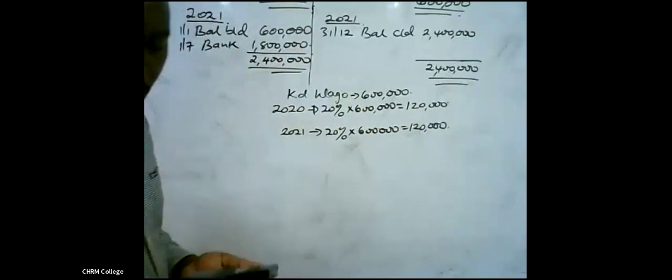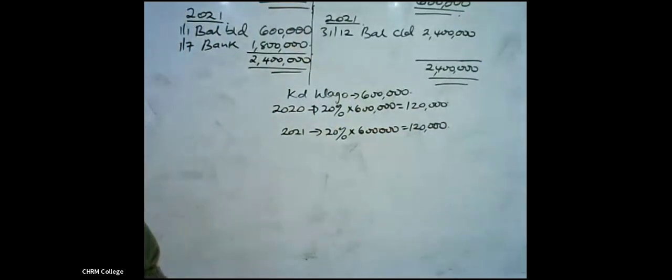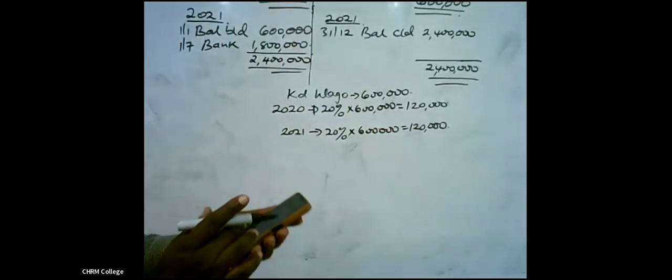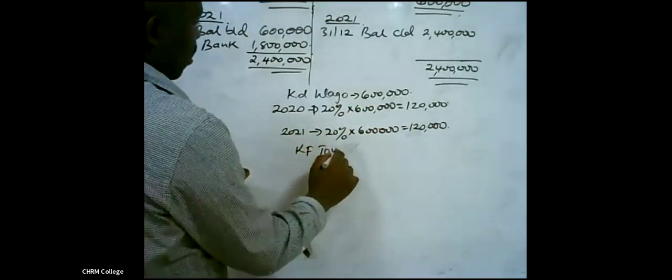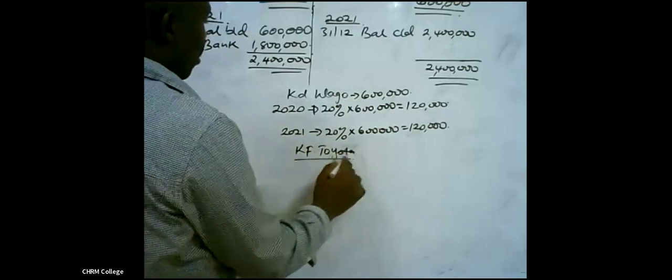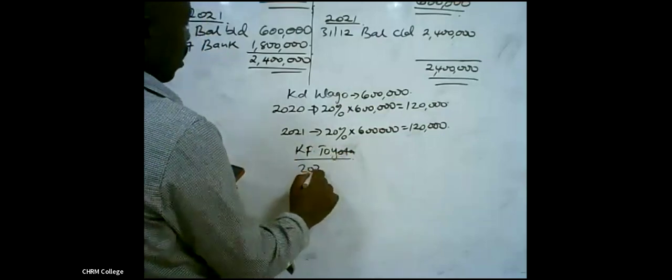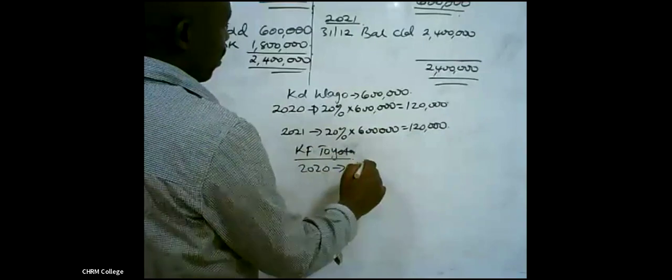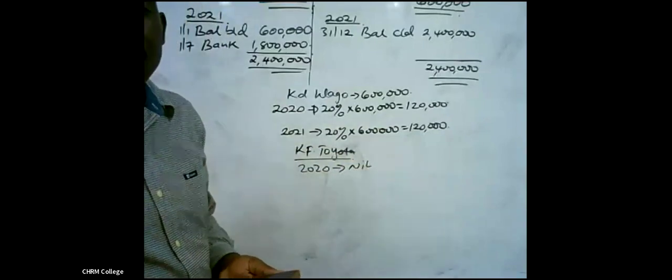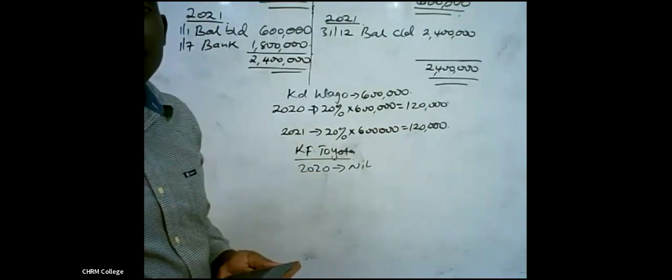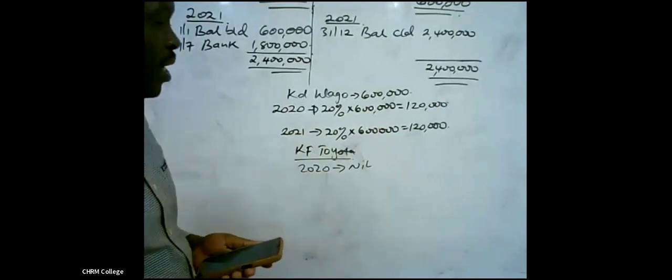For the other motor vehicle, which is captured as KF Toyota, its depreciation for 2020 is nothing, because it was not there. It had not been acquired in 2020.